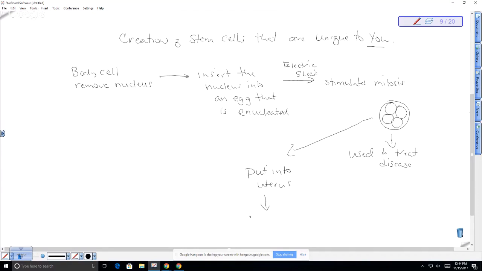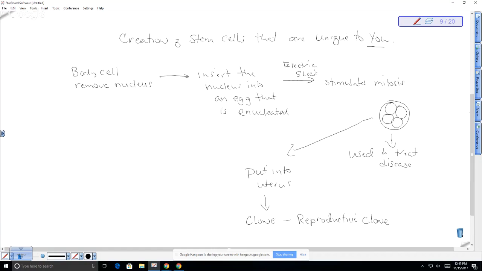And then we would have a clone. And this is an example of a reproductive clone. So that would be the difference between therapeutic cloning and reproductive cloning: the embryo isn't developed into a fetus, isn't born, and is not a clone of you.